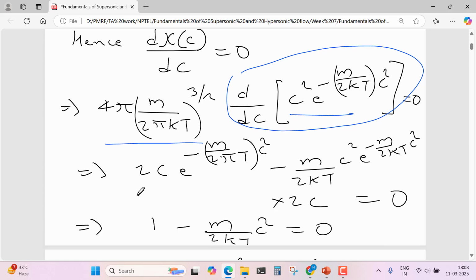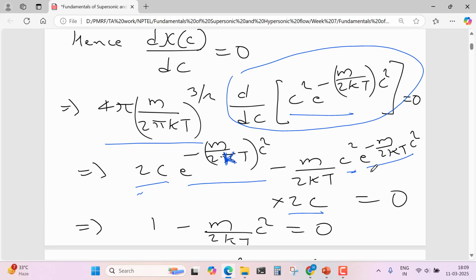Now we take the derivative. The first term will be 2c into e to the power minus m upon 2kT c square, minus c square, which remains as it is, into e to the power minus m upon 2kT c square, whose derivative gives m upon 2kT into 2c, equal to 0. In both terms the common factor is 2c e to the power minus m upon 2kT c square.